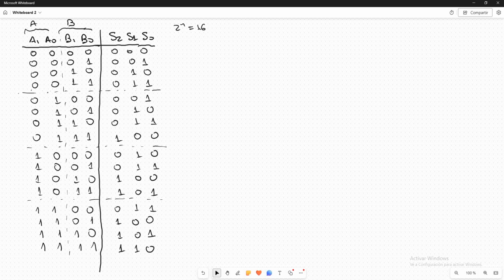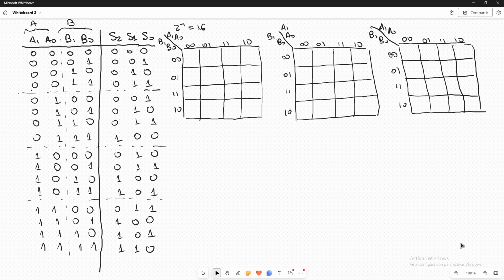In this case we have 3 outputs. Every bit of the output is an output because we are working in the digital domain. So we have to build 3 Karnaugh maps of 4 variables, 1 Karnaugh map per output. So let me draw the Karnaugh maps. So here we have the 3 Karnaugh maps.